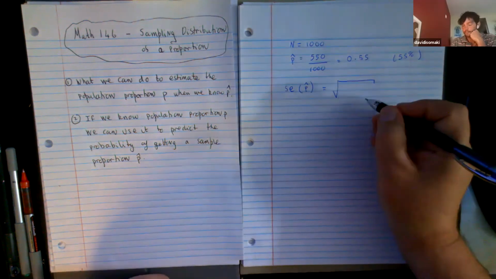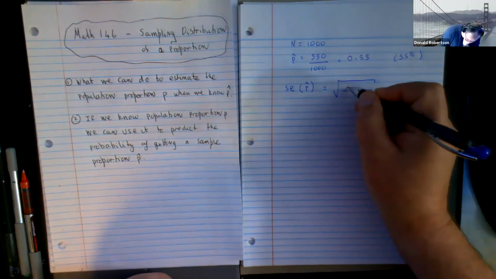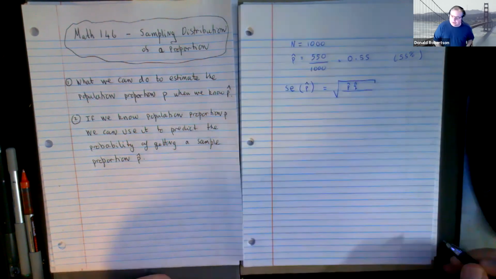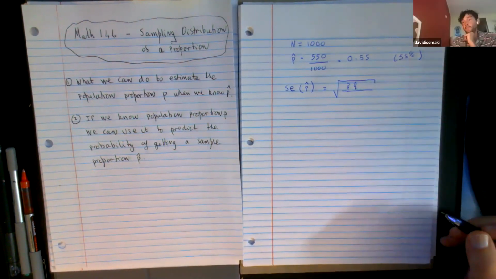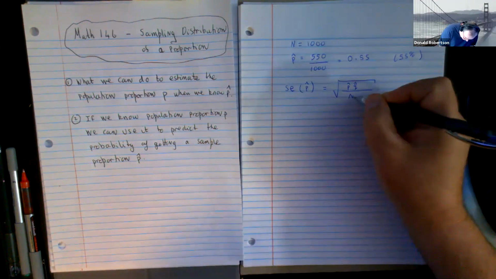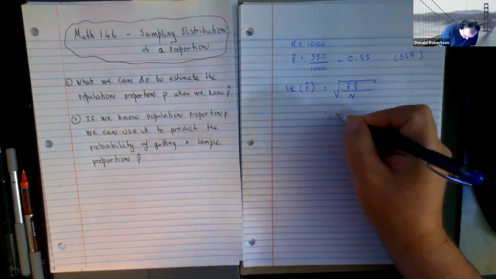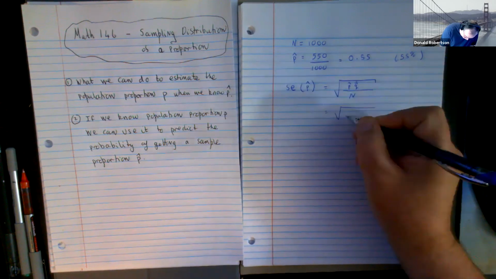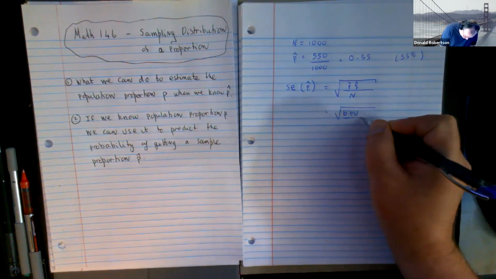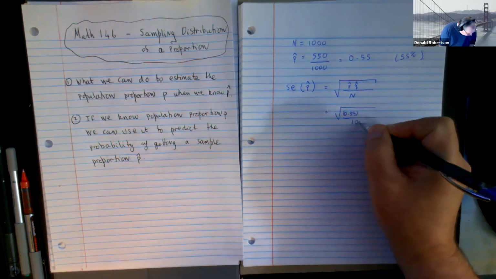P times Q. Okay, so we'll call it p hat times q hat in the context of this question. And something goes in the bottom, doesn't it? N. So you've got to know that formula. Essentially, p hat is 0.55. The N is the sample size, which is in this case 1,000.